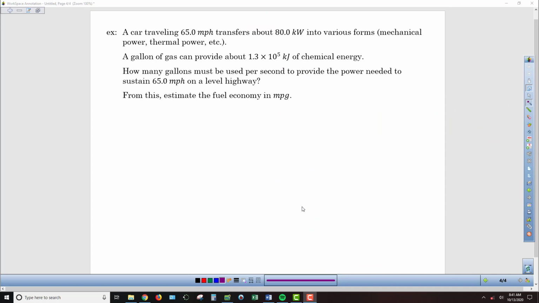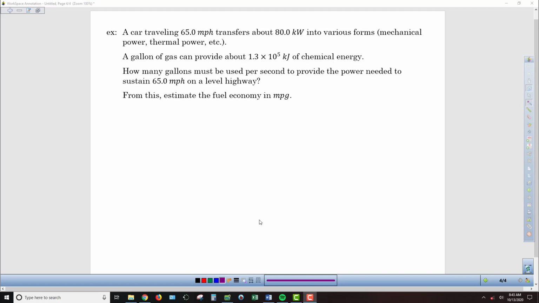Not only do we have a lot of energy loss in all those conversions that we saw previously, from the gallon of gas to the pistons moving to the rotational movement to the translational kinetic movement of the car, but as I mentioned, there are also other things that need to be powered by that gasoline. We've got the air conditioning or the heat, the stereo, the lights, the braking system. All of these things are being powered by the energy that's being supplied by the gasoline.